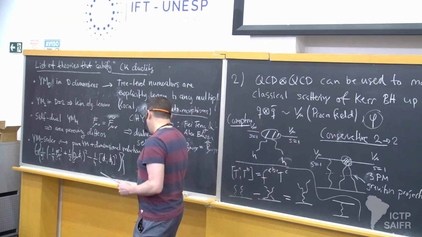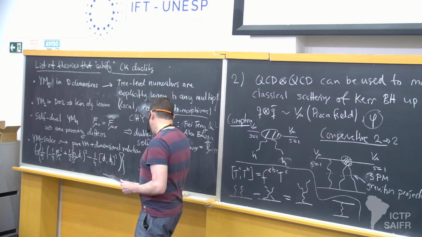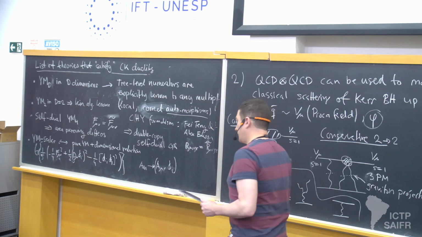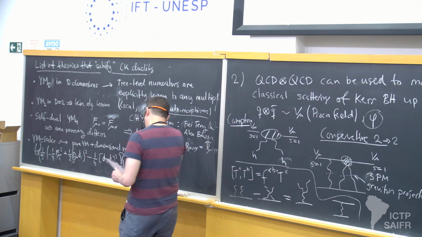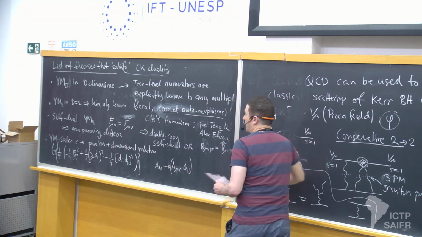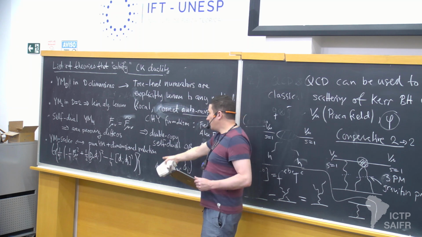So if you just do this replacement in your pure theory, and then you remove anything that's not consistent with the indices, then you get that Lagrangian. And because it's secretly pure Yang-Mills, you can actually use the same numerators. So these numerators that worked here, they will also work for that theory.